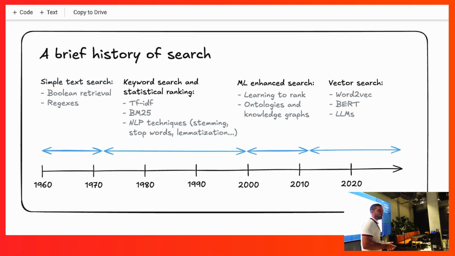First, I'll start with a brief history of search. Some first research and development in the search area was a pretty long time ago. In the 1960s, we had some first engines that were using mostly regexes.